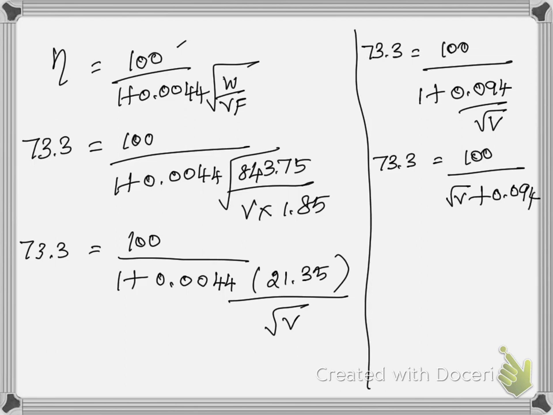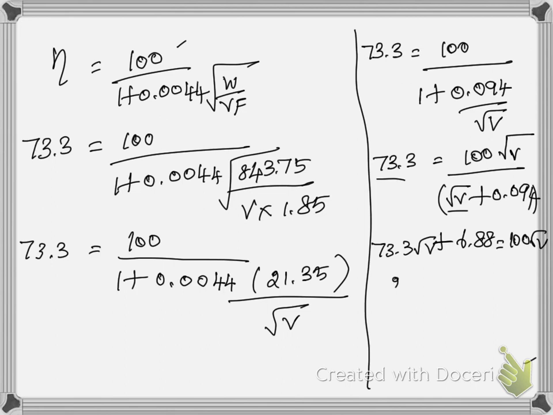Since it is going to be in the denominator, I am bringing that root V here, which is going to be 100 into root V. Now multiply the 73.3 with this term, so it becomes 73.3 root V plus 6.88 is equal to 100 into root V. Okay, so bring that 73.3 root V to the other side and just subtract it.